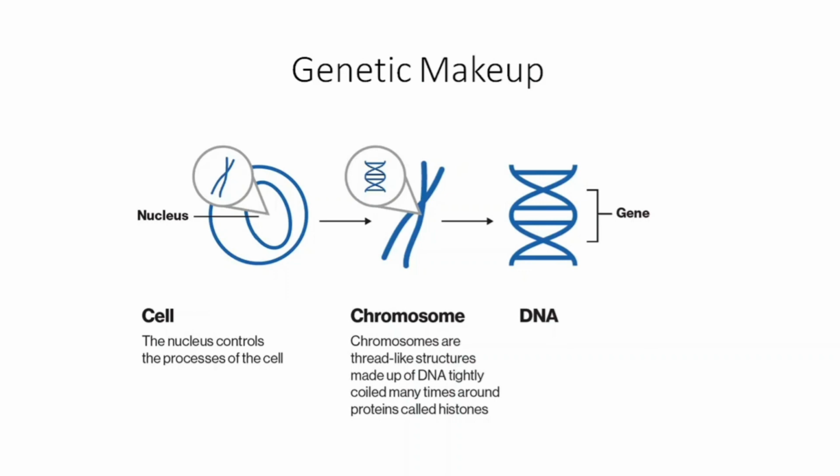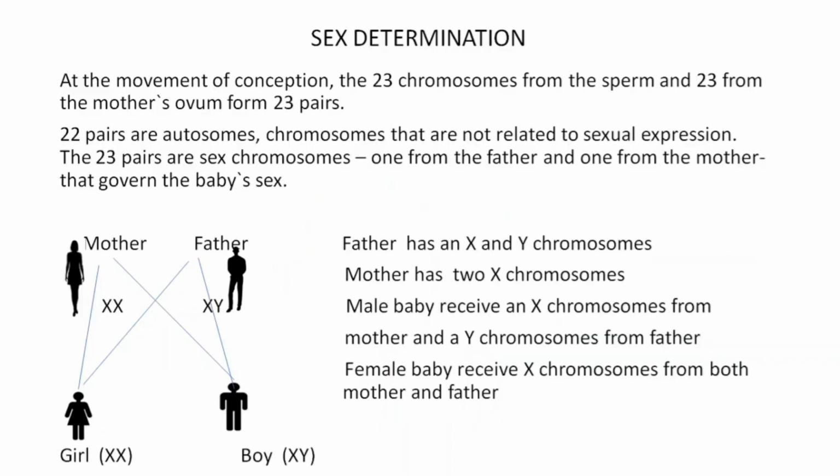The single cell zygote formed at conception becomes a multiple celled organism through the more usual process. Sex determination. At the moment of conception, the 23 chromosomes from the sperm and the 23 from the mother's ovum form 23 pairs. 22 pairs are autosomes, chromosomes that are not related to sexual expression.